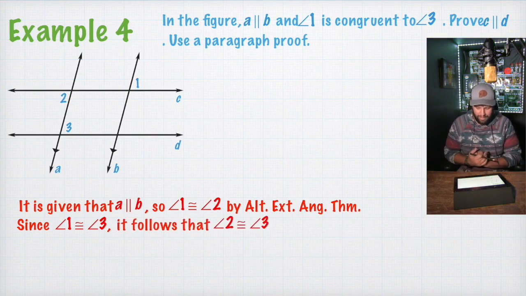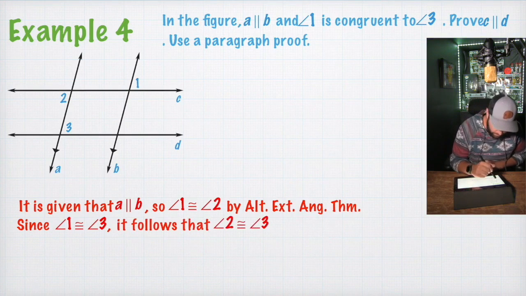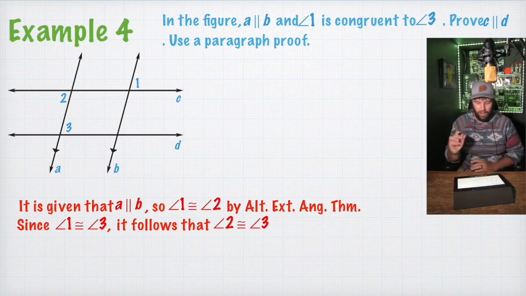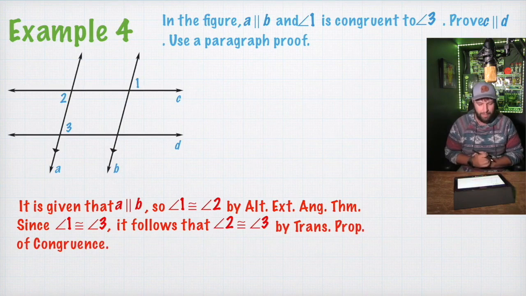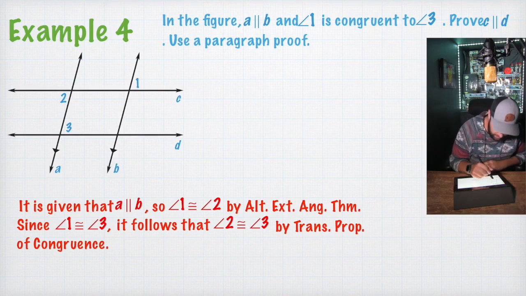So it follows that angle 2 is congruent to 3 by the transitive property of congruence, my bad.